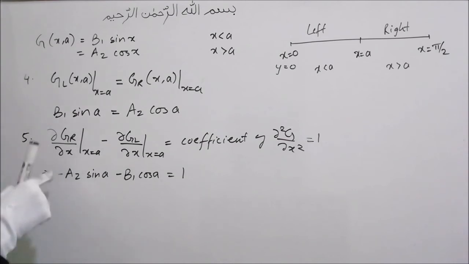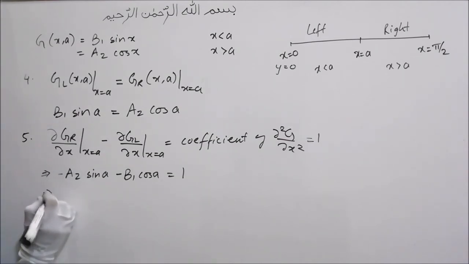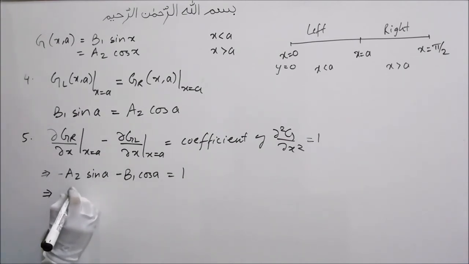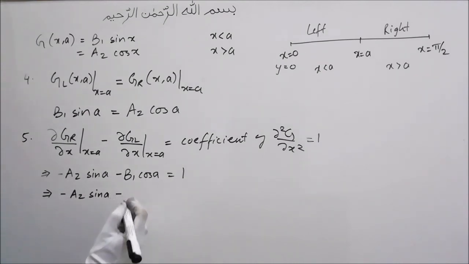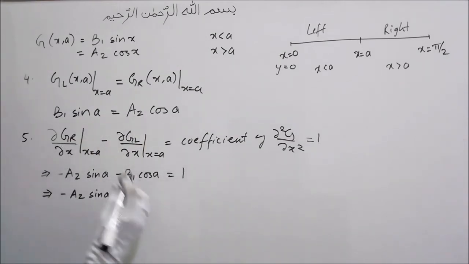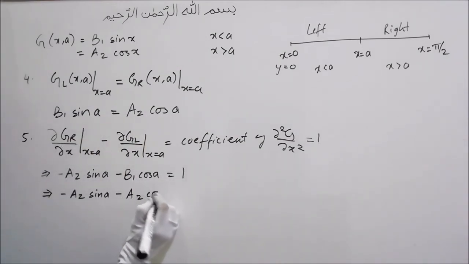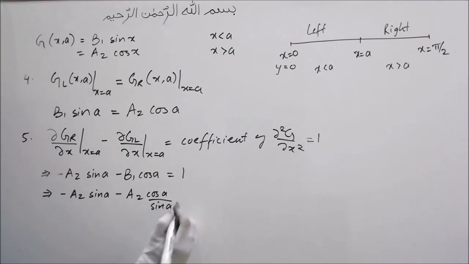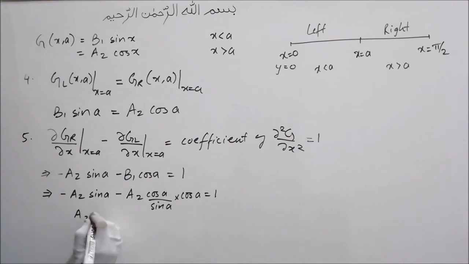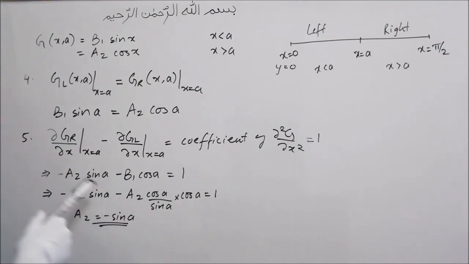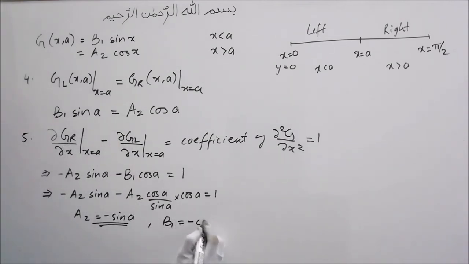Now using this equation and this equation, we will solve it and we will get minus a2 sin a minus b1, where b1 is a2 cos a upon sin a. So you will have a2 cos a upon sin a into cos a equals 1. Solving this, we will get a2 is equal to minus sin a. Put this value of a2 here or here and we will get b1 is equal to minus cos a.